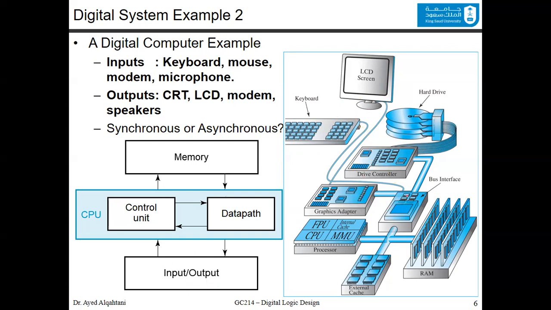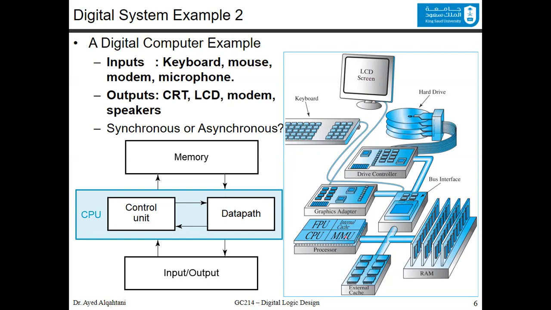So here you have the bus that distributes the data between the systems. We have the processor. Inside the processor, we have the CPU, which is the central processing unit. We have the FPU, the floating point unit. We have caches. Usually it has levels, level 1 cache, level 2 cache, level 3 cache.